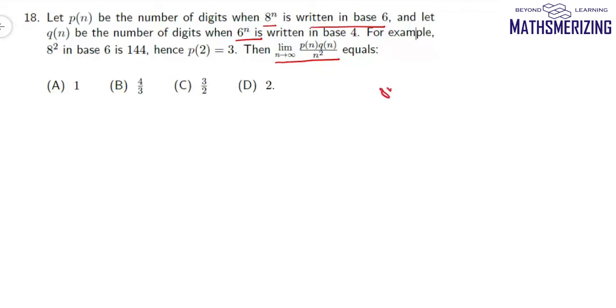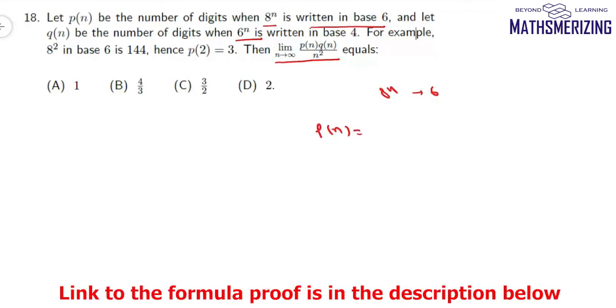So if we write 8 to the power n in base 6, then the number of digits Pn is given by the greatest integer function of log of 8 to the power n to the base 6, and then plus 1. So this is the formula to find the number of digits in another base. In the same way, we can find the number of digits Qn when the base is 4.